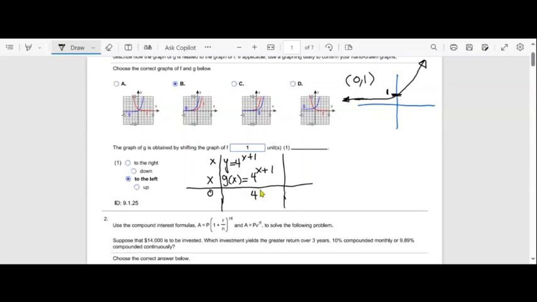No, it's not only 0, it's 0 plus 1. So it's going to be 4 to the power of 1, which is 4. So your point here is what? 0 and 4.